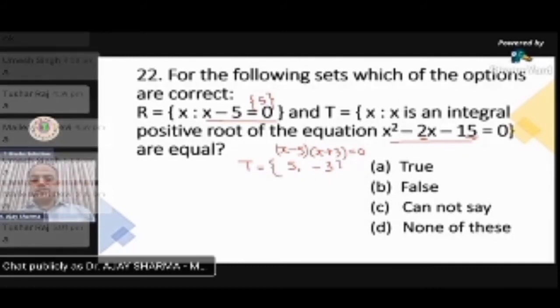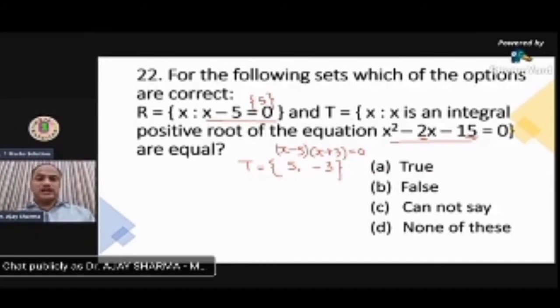Now compare the two sets R and T. We have to tell, for the following sets, which of the options are correct. Set R has only one element. Set T has all those elements. x is an integral positive root of this, so these are integers as well as positive roots. But look at this minus 3, is it a positive root?